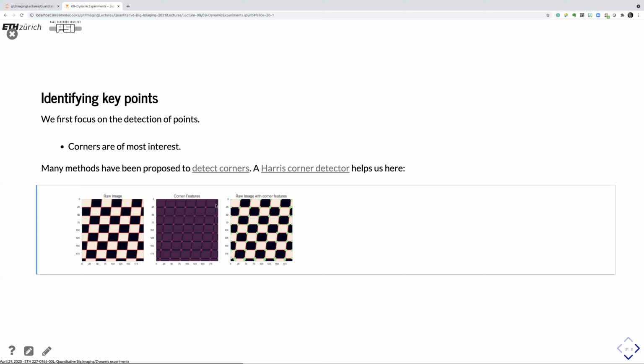If we put a threshold on these to identify which ones are the relevant ones and plot them together with the original image, we can see that we got very nice dots at every corner. Maybe too many, but anyway, there are characteristic points at each corner.